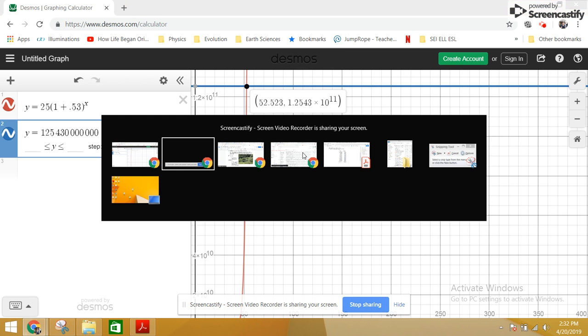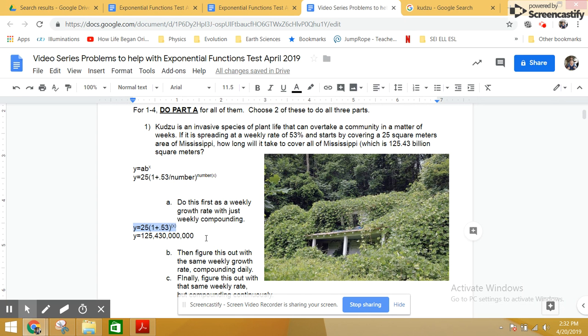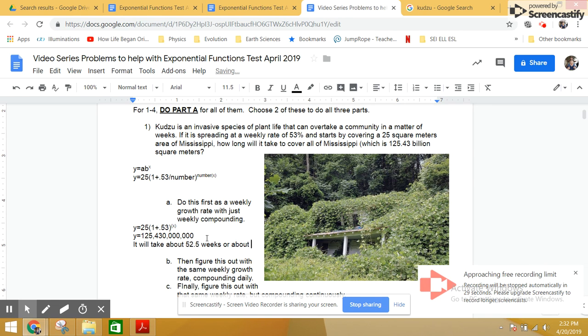So then we go back to our original problem, and we can say it will take about 52.5 weeks, or about a year, to take over an area as big as Mississippi. Okay, I'm going to now pause and pick up on the next ones in a second.